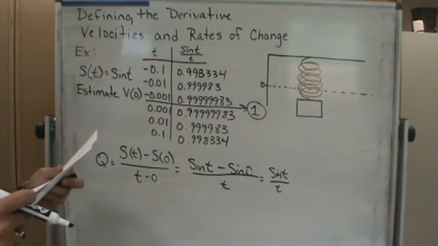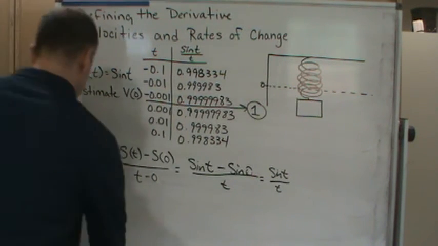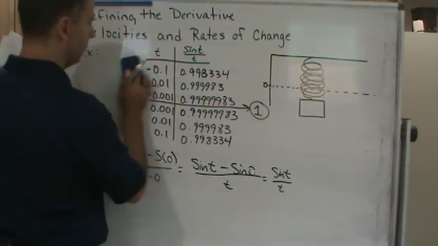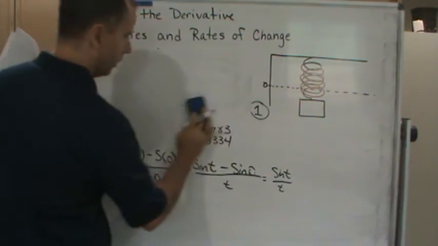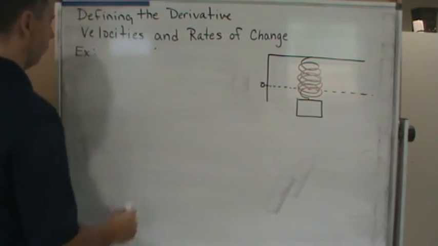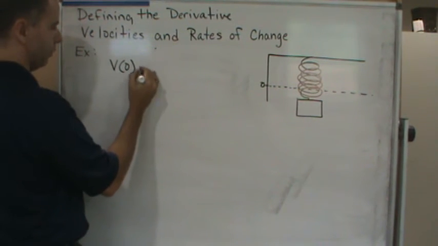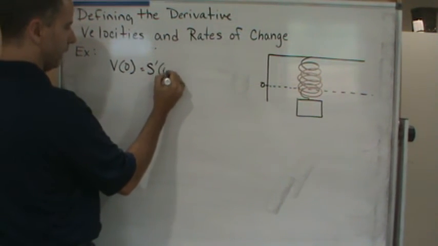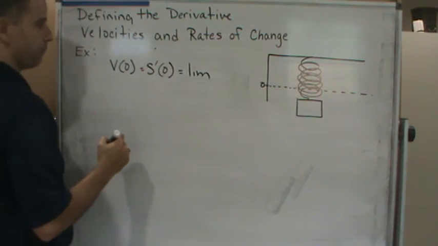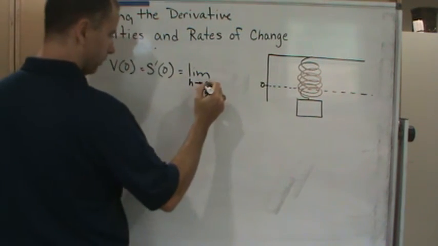Okay, so now let's use the derivative to check it, and see if our estimate is right. So now we're going to use the definition of derivative. So velocity at 0, which is equal to s prime at 0, which is equal to the limit as h approaches 0, or you know what?